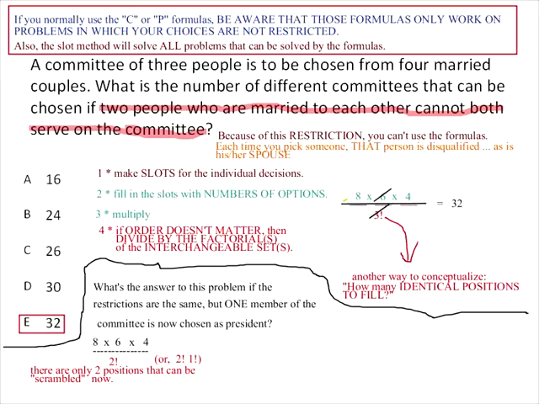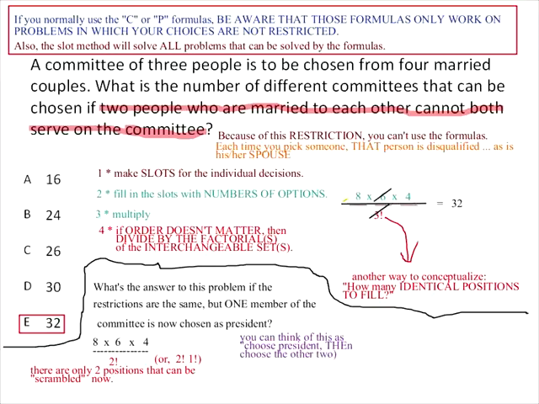Okay, if you want, you can also separate the problem. A couple other ways you can formulate this. You can think of this as choose the president, then choose the other 2.